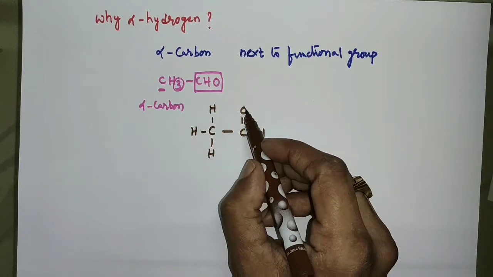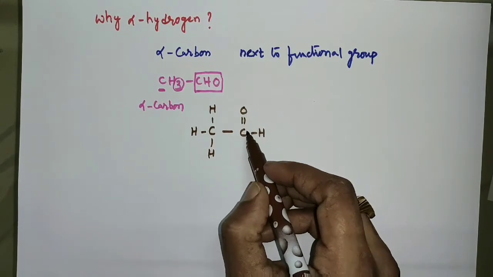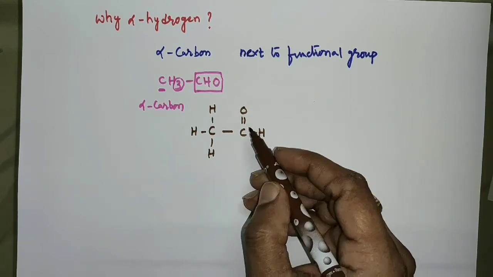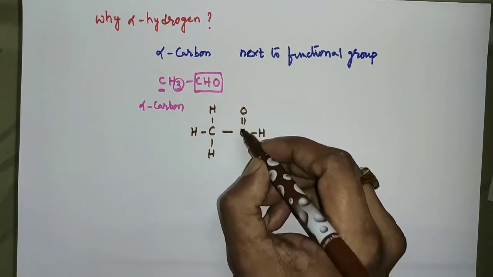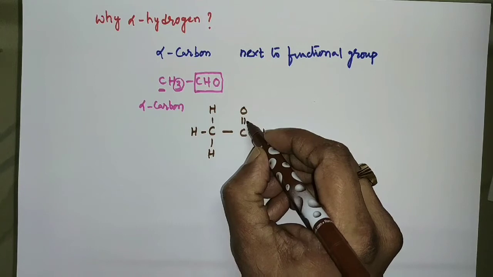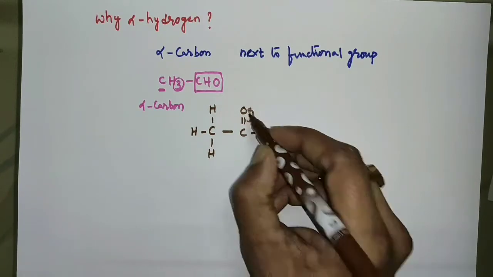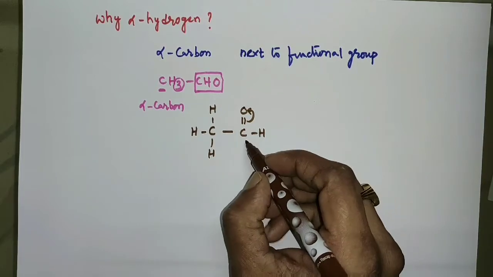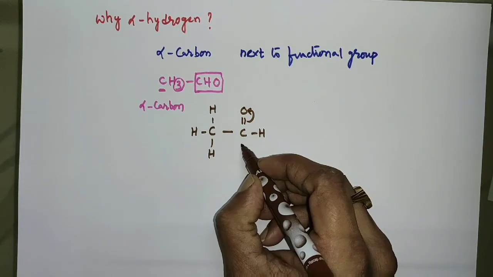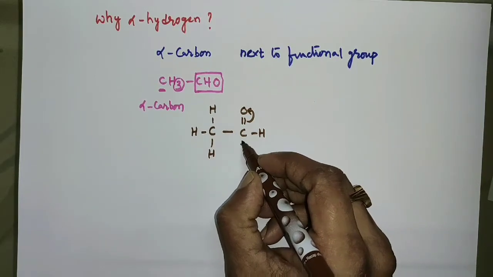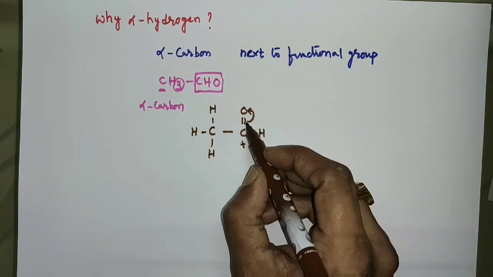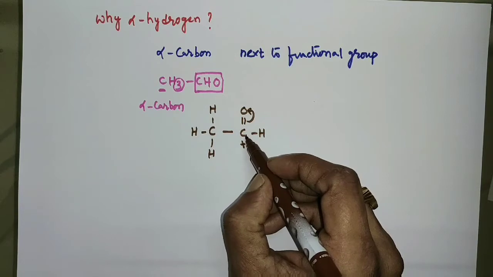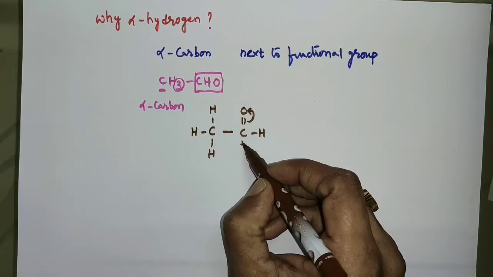Because of having high electronegative atom bonded to carbon by means of double bond, this oxygen atom takes the pi electron bond and makes this carbon atom electron deficient. Because of shifting of this pi bond to oxygen atom, carbon becomes electron deficient and gets positive charge.